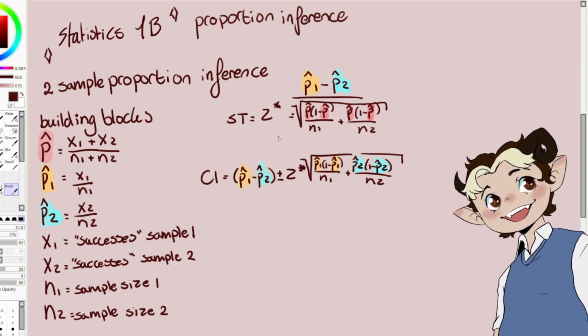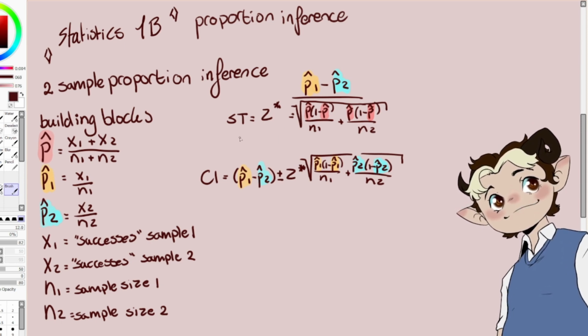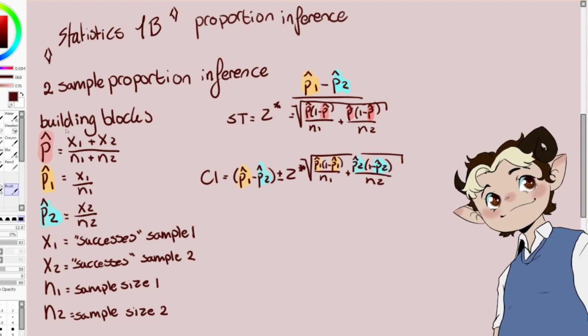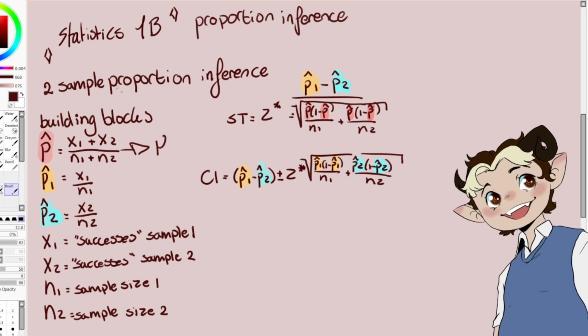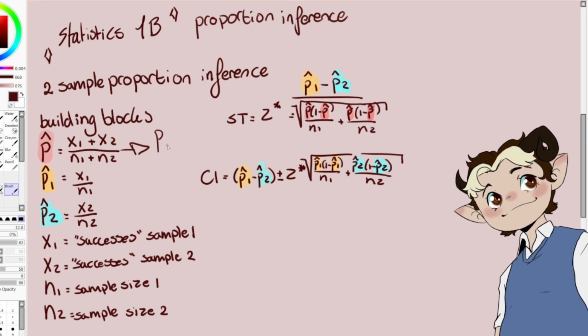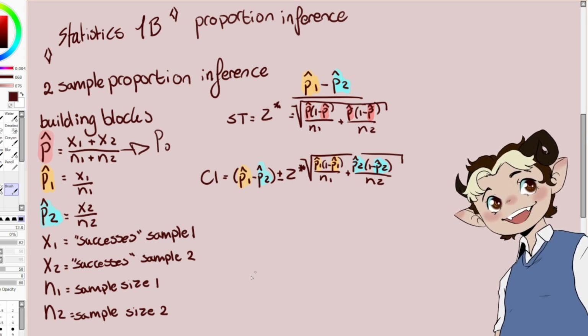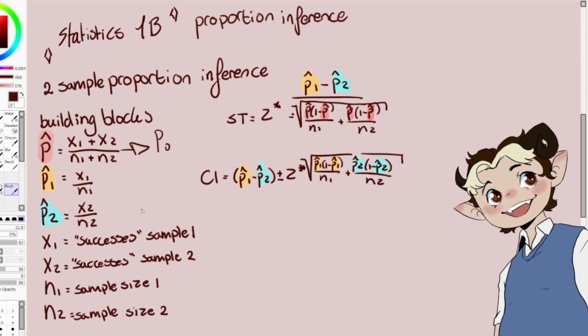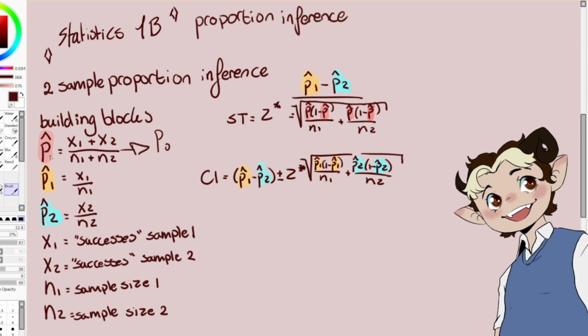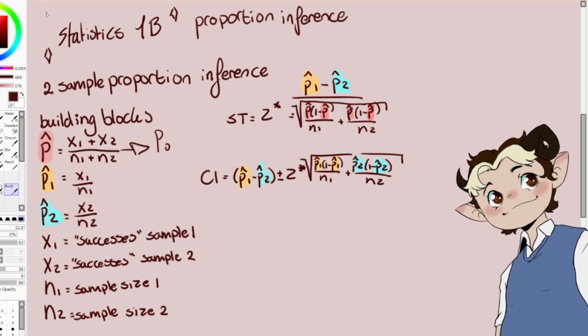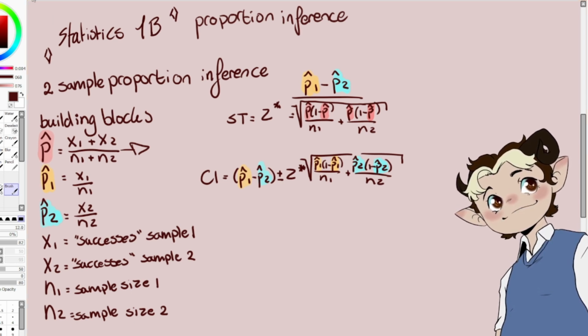The way that I try to memorize it, I try to basically see this P as our null hypothesis, or our P0, just like we did in our one sample. So if it is a two sample and I don't see a 1 or a 2 with it, I'm going to assume it's always going to be for the significance test.